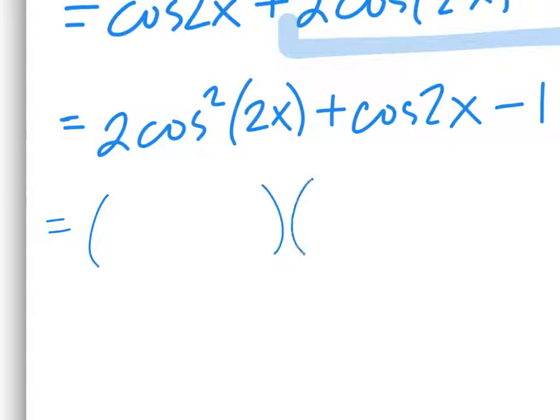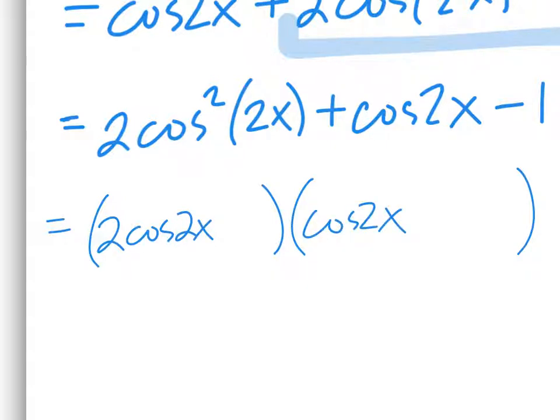So this time when we factor, it's going to have a 2x, but that's okay. 2 cosine 2x, and then cosine 2x. What should be the numbers at the end? I'm factoring, thinking that my variable is cosine 2x. So what should be my factors?